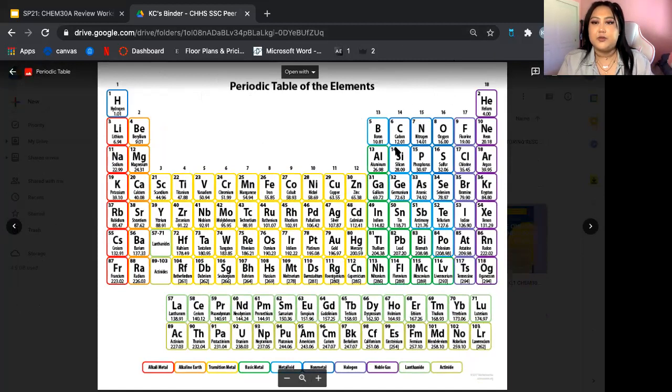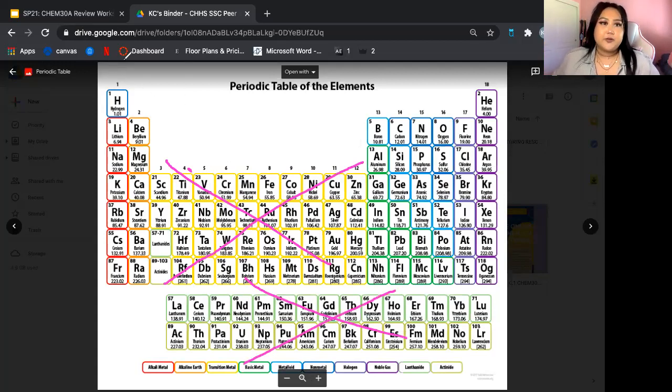So when you look at the periodic table, you can use this trick for the representative group only. That just means these rules don't apply to the transition metals and the inner transition metals.